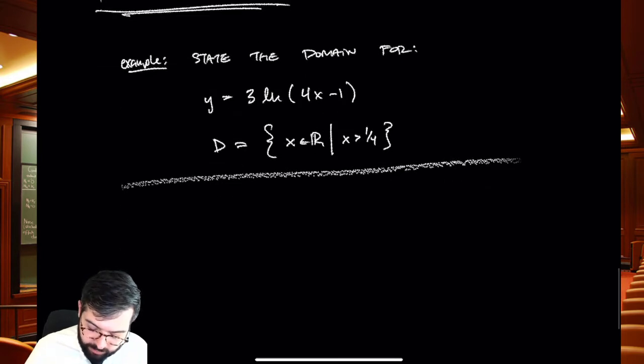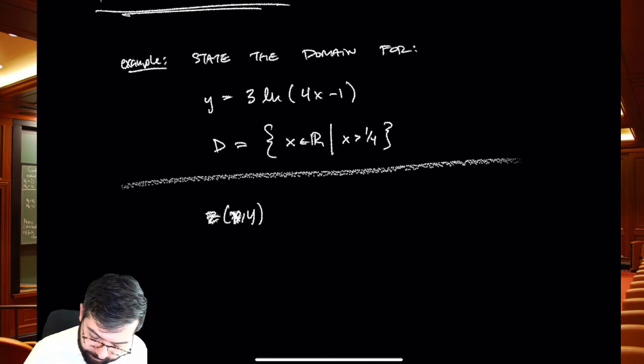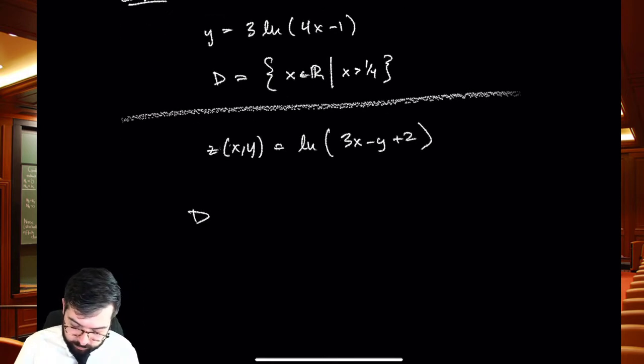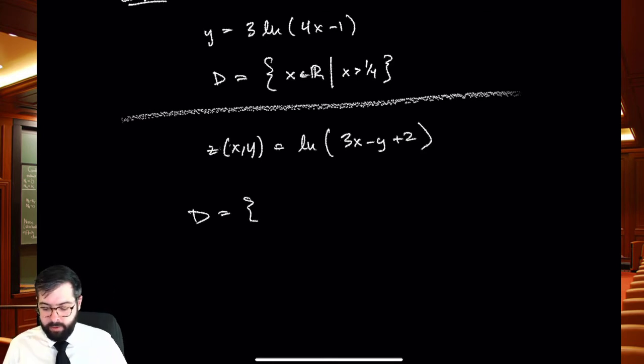So if we take a look at, instead, stating the domain for this guy, z of x comma y. Sorry, this thing's bugging out. z of x comma y equals ln of 3x minus y plus 2. Well, same thing applies, right?